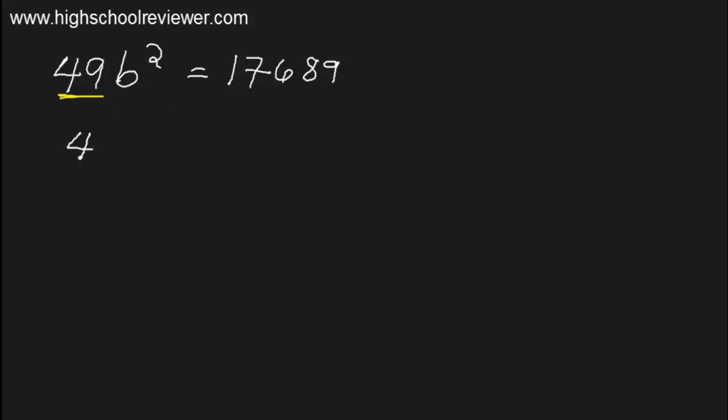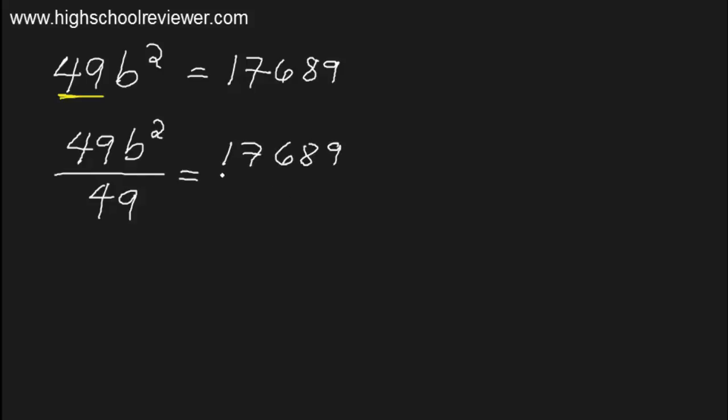So dividing, we will have 49b squared all over 49. This will be equal to 17,689 divided by 49. 49 divided by 49, we can cancel this out, that is equal to 1.